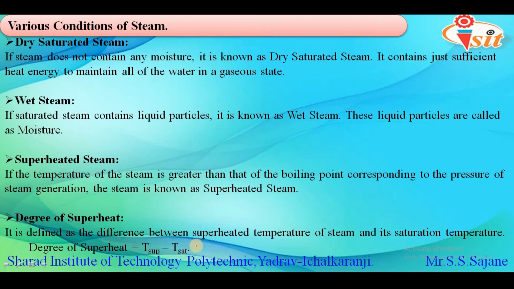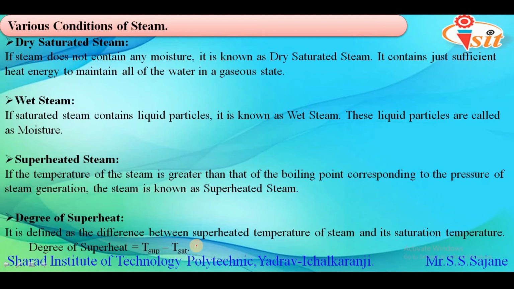To understand this concept of degree of superheat, consider an example: a certain steam having a temperature of about 150 degrees Celsius at atmospheric pressure. We can calculate the degree of superheat by taking the difference between the superheated temperature and the saturation temperature. As the temperature we have considered is 150 degrees Celsius, this value is the superheated temperature.